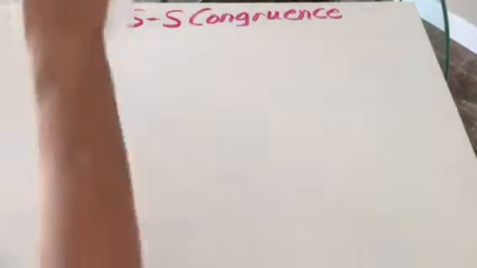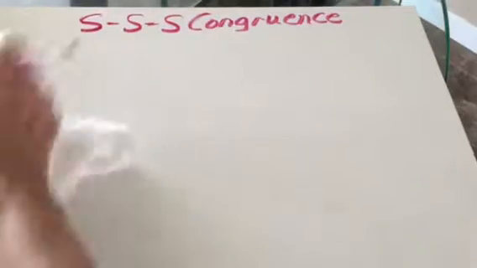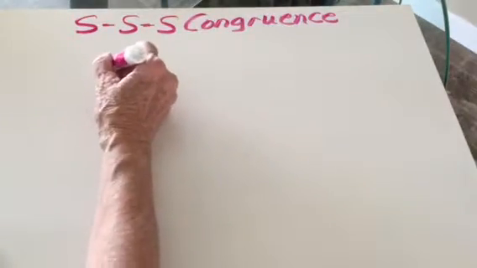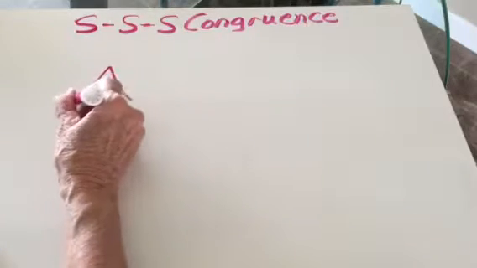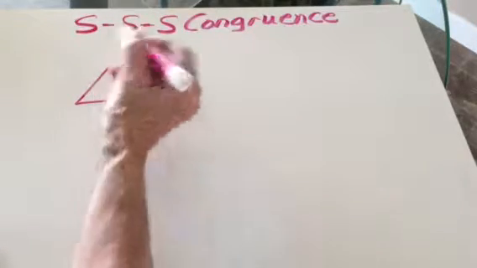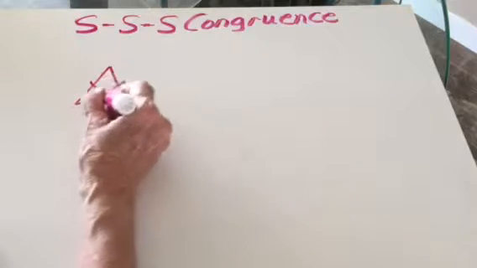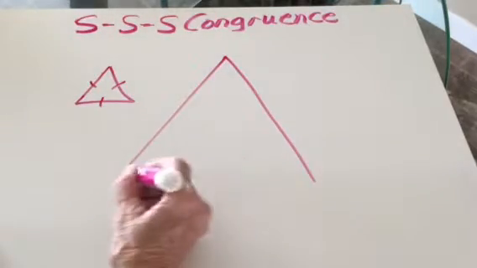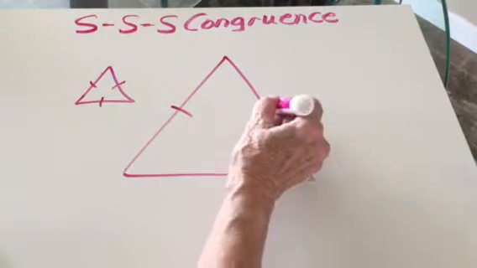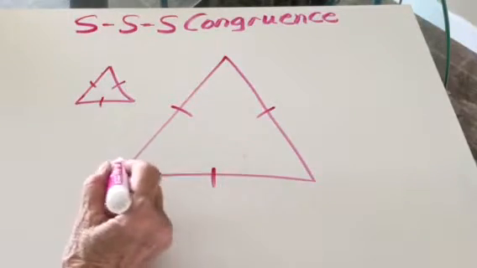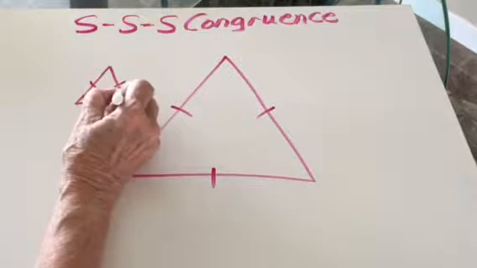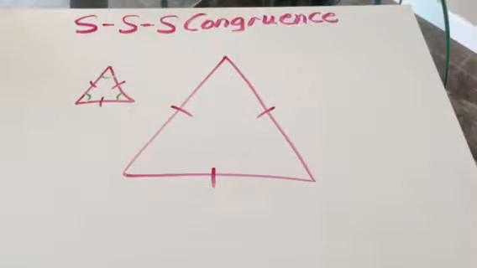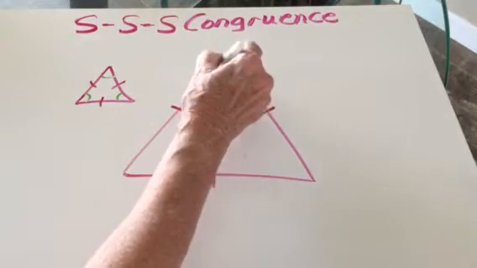If I have two triangles, let's call this an equilateral triangle, and here's another triangle, and it's equilateral as well. If it's equilateral, then all of the angles are the same.